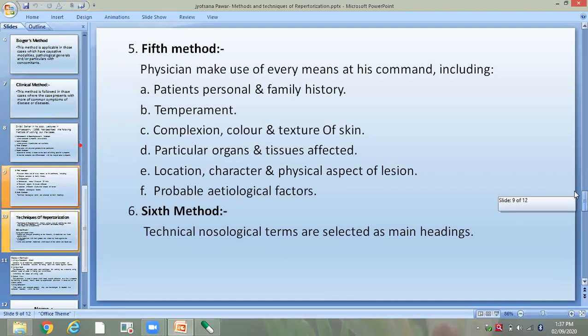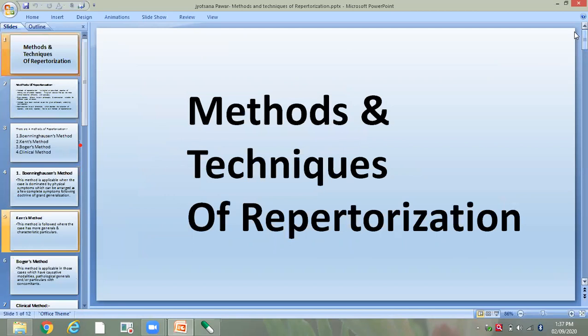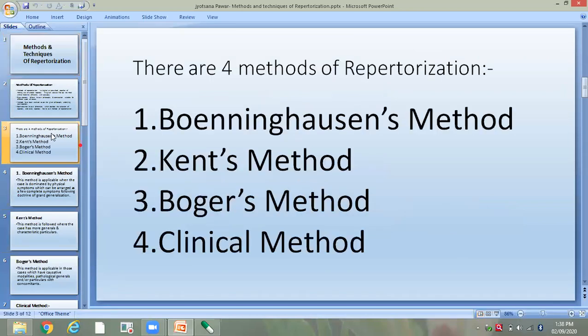Regarding how the methods of repertorization were given by Dr. Hahnemann, the first four methods of repertorization, that is Boenninghausen's method, Kent's method, Boger's method, and clinical method, this classification of methods of repertorization was given by Dr. Hahnemann, and Dr. B.K. Sarkar added two more methods of repertorization.